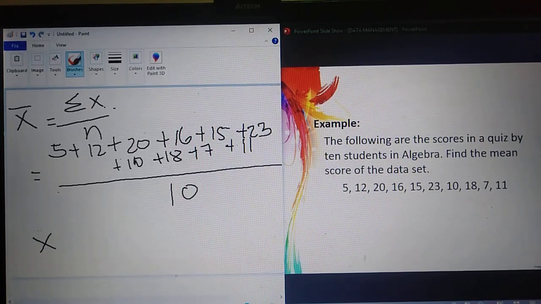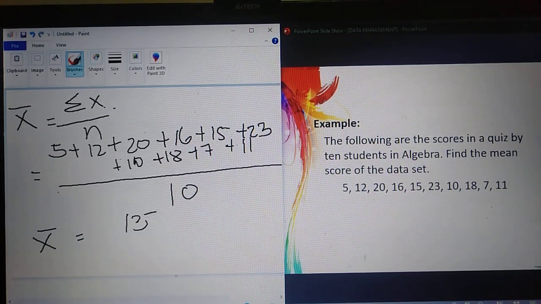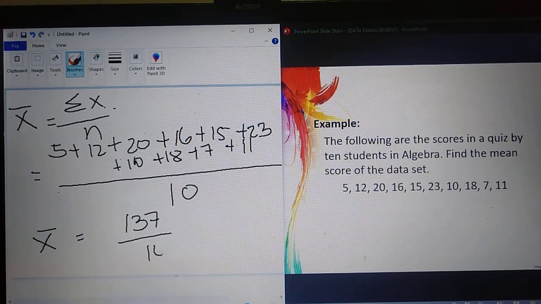So our mean now is, okay, let's add 5 plus 12 plus 20 plus 16 plus 15 plus 23 plus 10 plus 18 plus 7 plus 11, we have a sum of 137. Ayan, 137 all over 10. So what's our final answer?